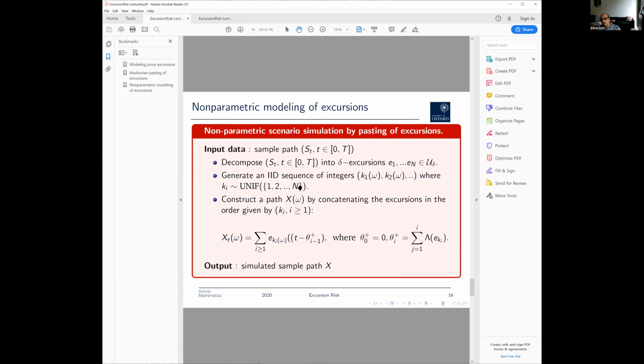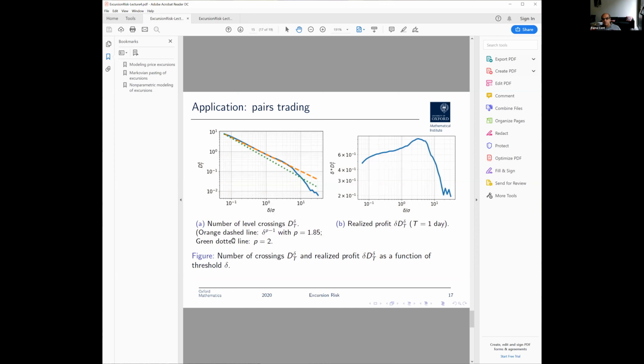The only thing that we're saying here is that what we get is a process which has some nice properties for excursions and does what we want, preserves the height and duration distribution. But beyond that, I'm not giving you an infinitesimal description of X. And I think that's a theoretical question which might be interesting. If I know the infinitesimal description of S, can I give an infinitesimal description of X? Okay, so those are some open questions.